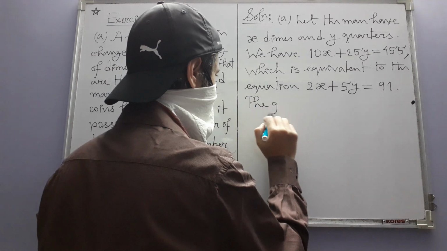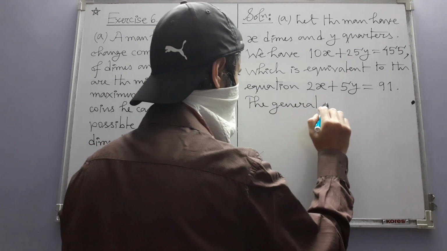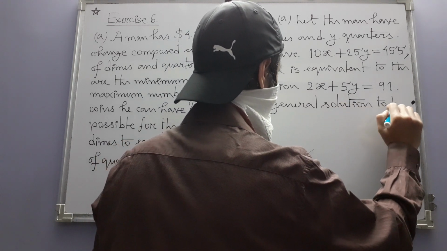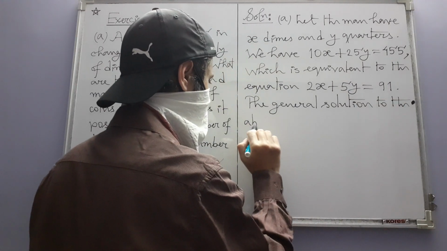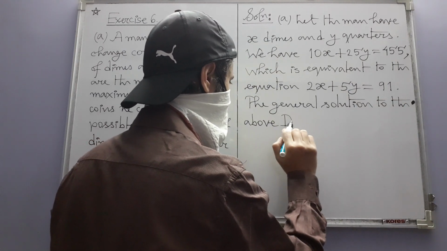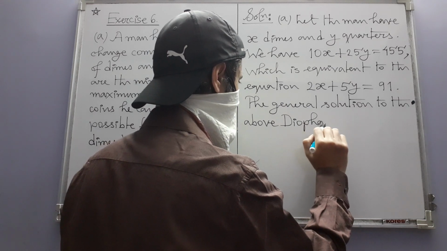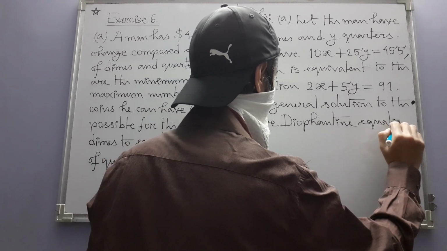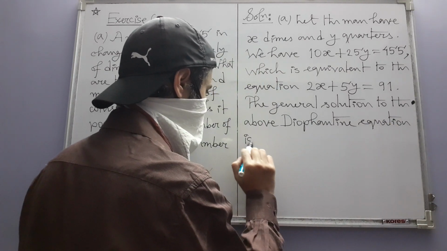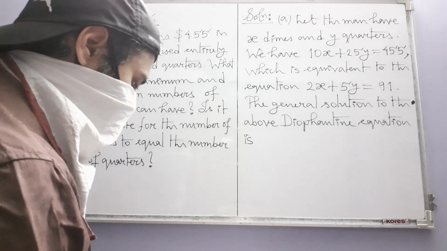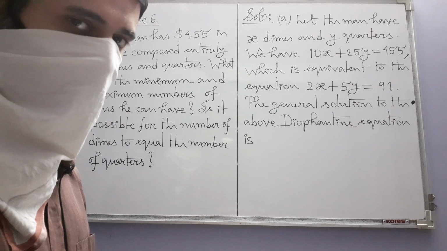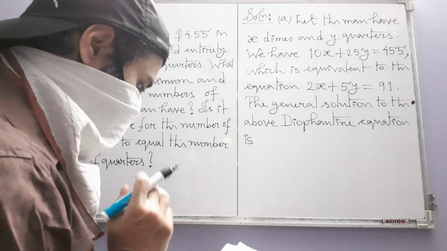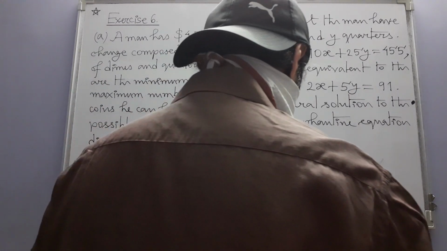The general solution to the above Diophantine equation is this. You can go to that theorem that we are using here to write the general solution and see that you are getting this itself.